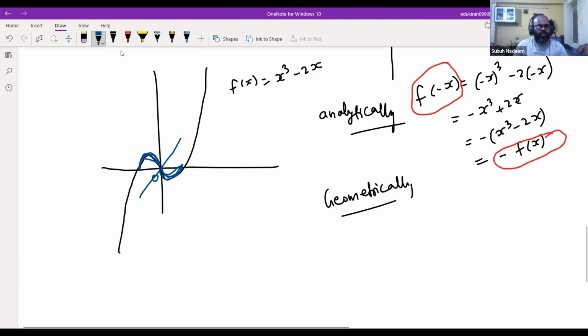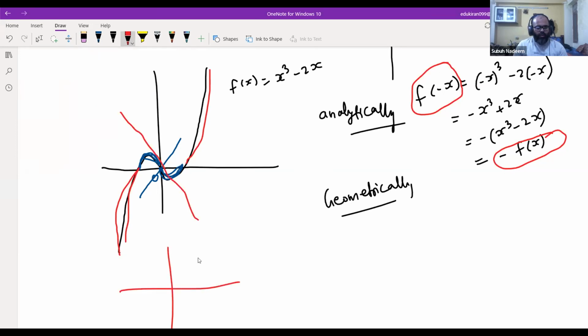And if you see the other portion, this portion in the first quadrant and this portion in the third quadrant, they are mirror images about this line. So overall, the graph here and the graph here are mirror images about the origin, and of course passing through the origin. So both ways you can say that it is actually an odd function.